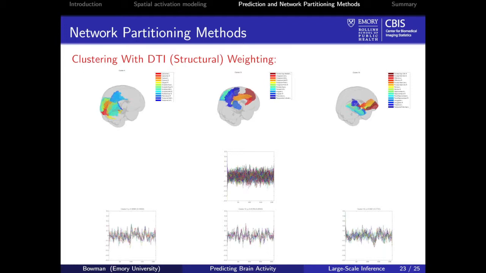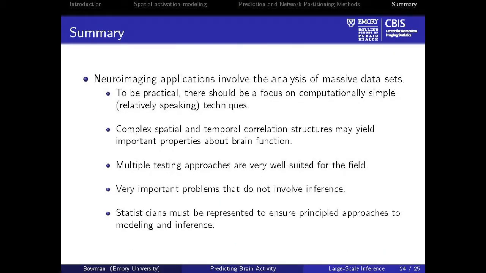So in summary, I think I'm about out of time. Neuroimaging applications involve the analysis of massive data sets, and to be practical, I think there should be a focus on computationally simple methods, and I say that in a relative sense because even the most basic computations can be quite involved when you have so much data.